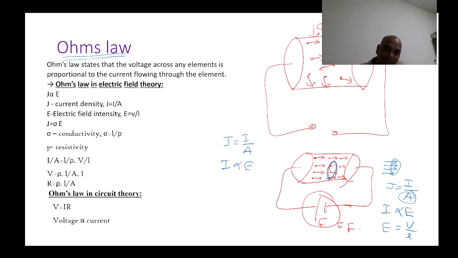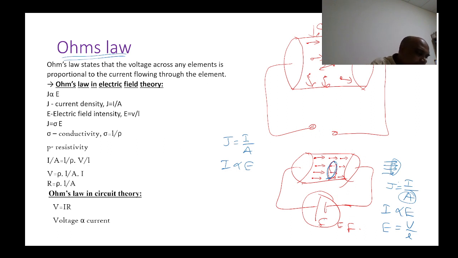If you apply less electric field, less current passes through the area. So current density increases or decreases depending on the applied electric field.